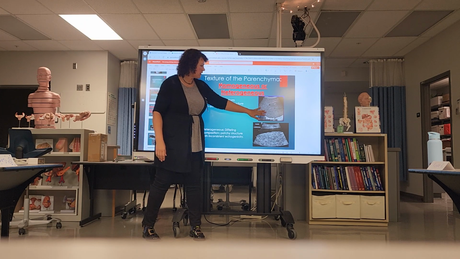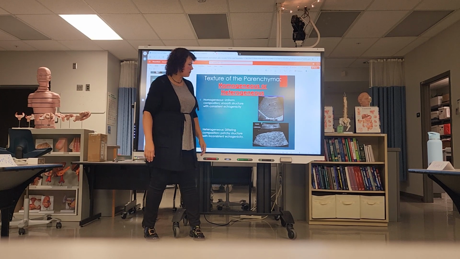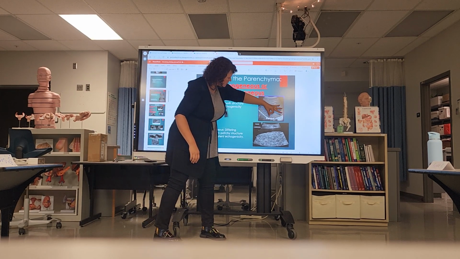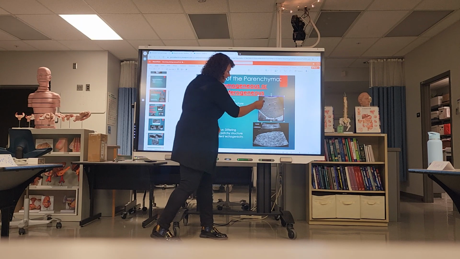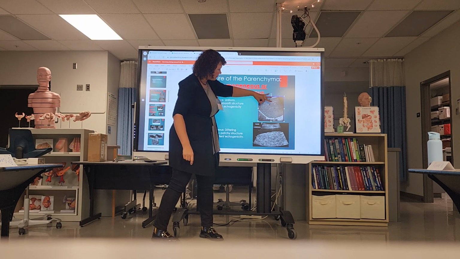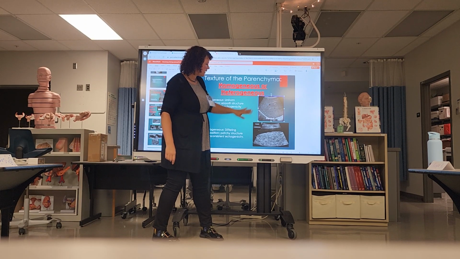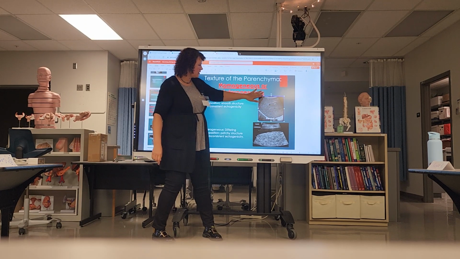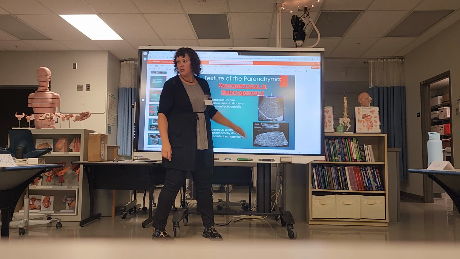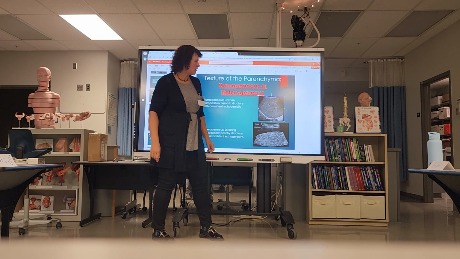So how you're going to identify normal homogeneous liver tissue, you take a sample. Is this part here the same as this part over here? Echogenicity wise? This is uniform. This is a really nice liver.